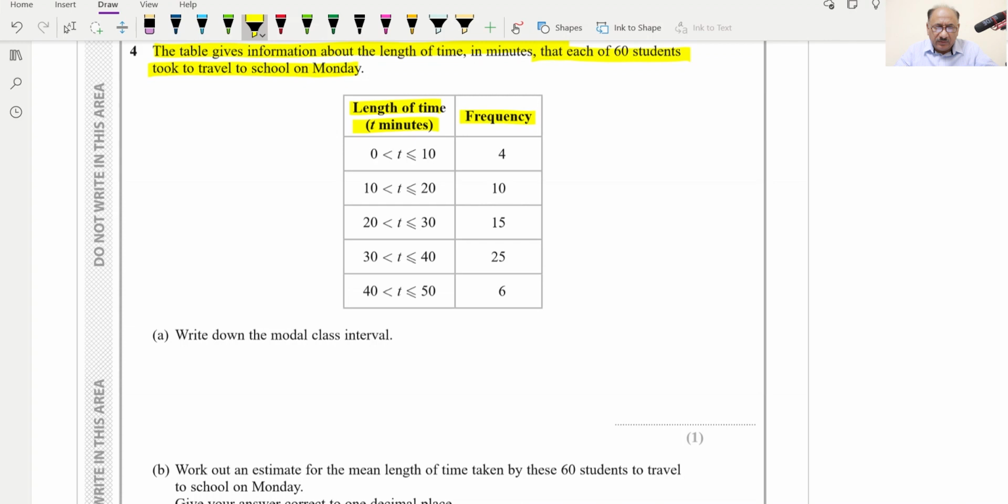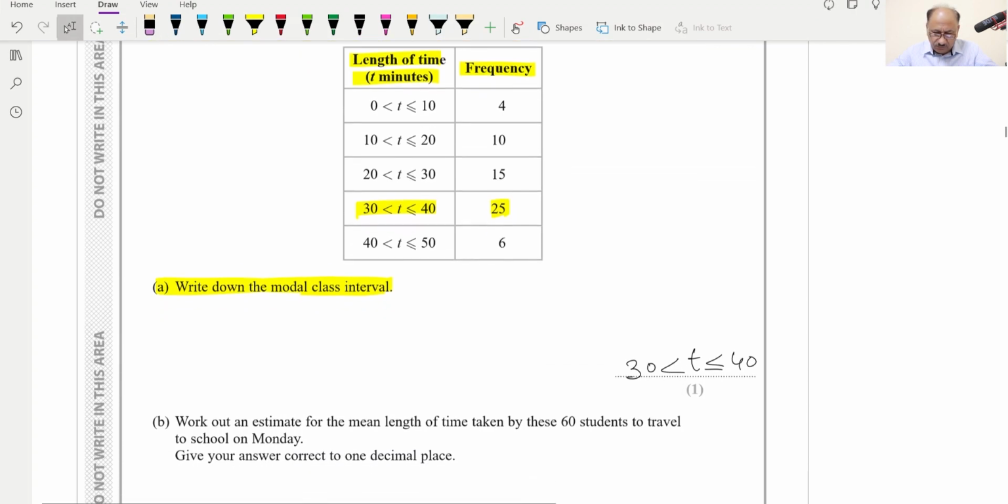For the A part, they say write down the modal class. The modal class will be the one with the maximum frequency, and this class has the maximum frequency of 25. So our answer will be this modal class: t is greater than 30 and less than or equal to 40. This will be a 1-mark modal class question.